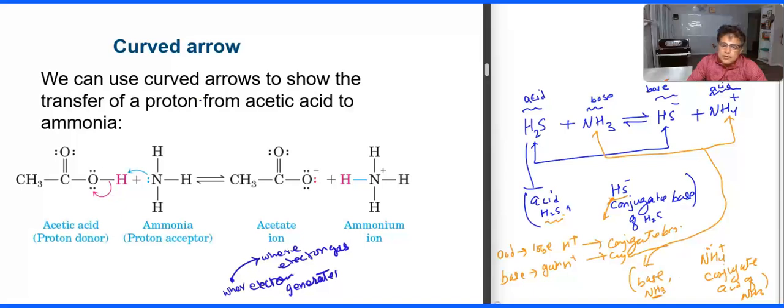First of all, this nitrogen has a lone pair, right? This OH has 2 electrons here. These 2 electrons go from here to this oxygen, and it becomes 3 lone pairs, where normally 2 lone pairs should be there.